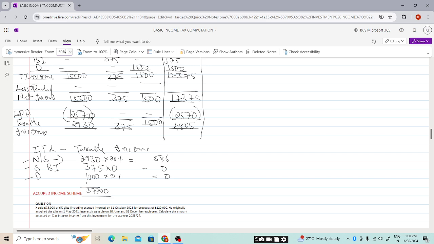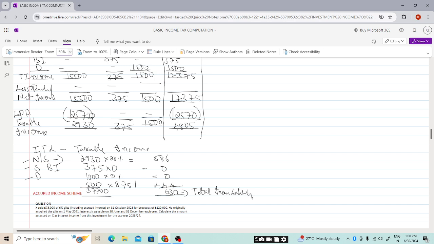So the rest of the dividend of 500 is falling within the basic rate limit, so it will be taxed at 8.75%. So the tax will be £44. So the total income tax liability will be 586 plus 44, that is 630.